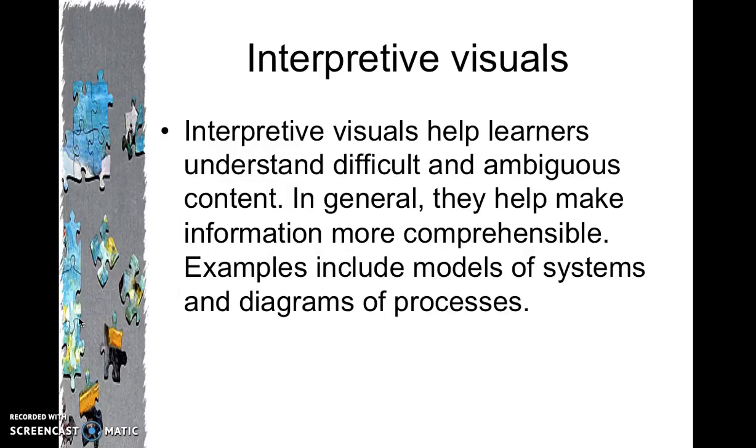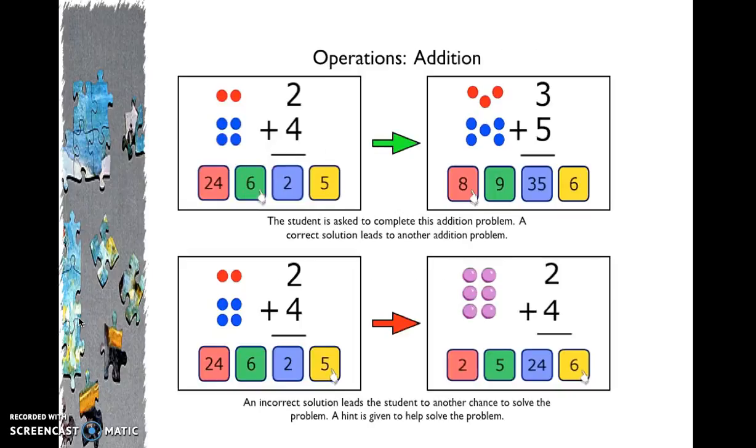Interpretive visuals help learners understand difficult and ambiguous content. In general, they help make information more comprehensible. So examples include models of systems and diagrams of processes. This is interpretive in nature. At one point in time, you made a very large cognitive jump. You made the jump from these 2 fingers or these 2 dots equal this crazy squiggly line that represents a 2, okay?